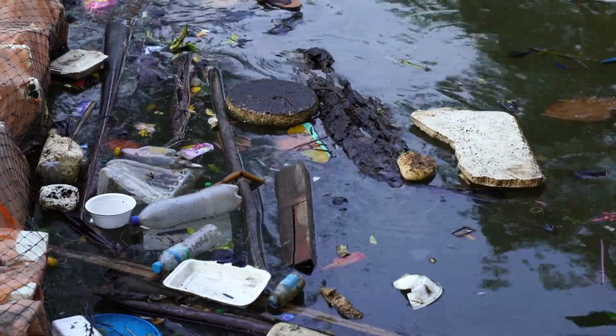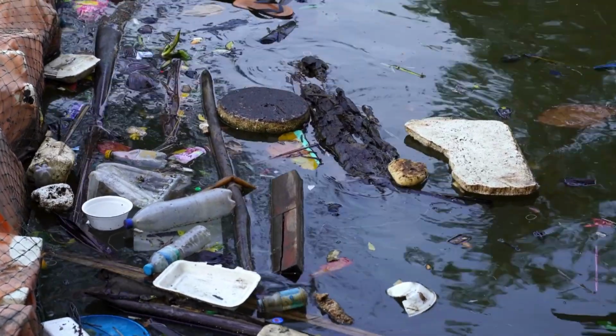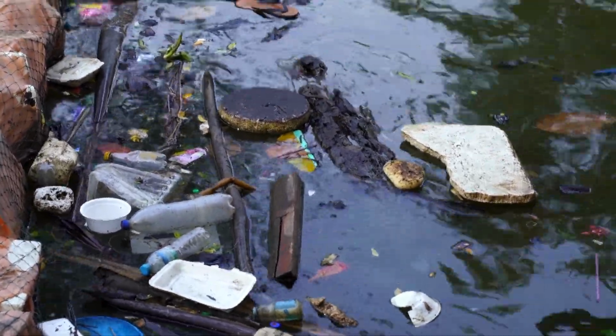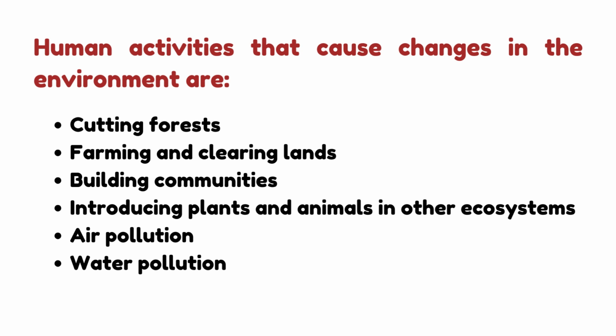Okay, so now we can summarize what we said about the human activities that cause changes in the environment. We have cutting forests, farming and clearing lands, building communities instead of grassland, introducing plants and animals in other ecosystems, air pollution and water pollution.